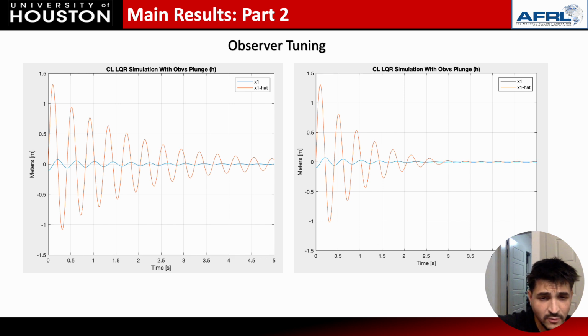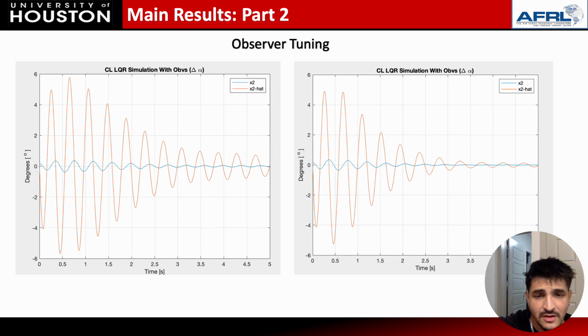It takes a while for it to go to steady state, whereas on the right, the system got tuned based off the different weight matrices that got inputted into the LQE, and also gain scheduling. You can see how there's a couple oscillations, but then it goes to steady state around 3 seconds. So the system is operating significantly better as opposed to the left, and it has to do with the fast convergence of the system on the right.